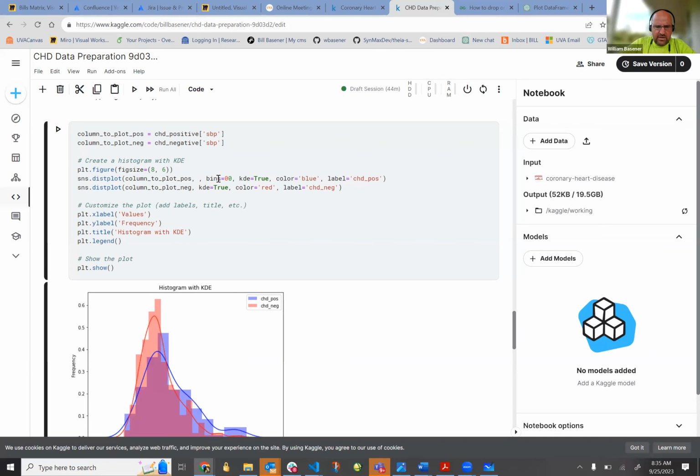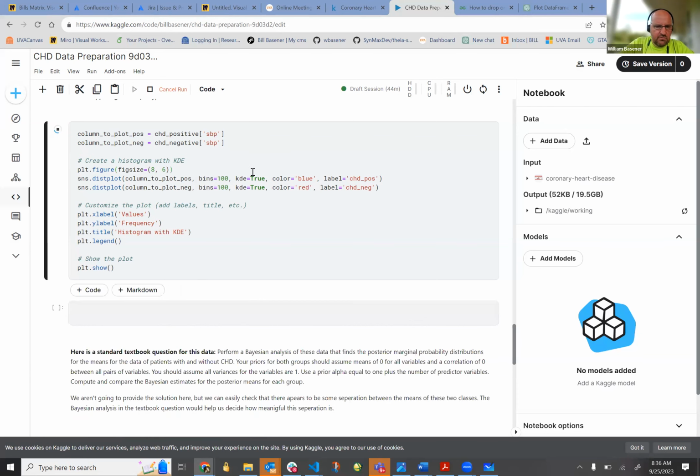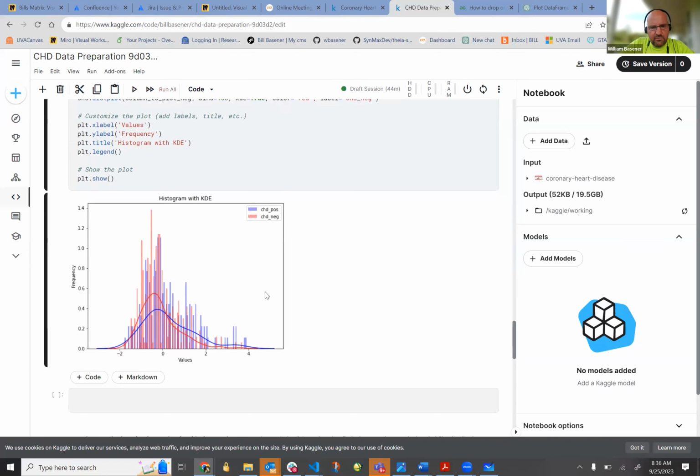One of the things we can add to these plots to help customize things a little bit is to indicate the number of bins. I always forget whether it's bins or n bins. I guessed right. Okay, so bins is how many bins we use in our histogram. And so we see here that you get a little bit of a finer grain picture, a little less coarse.